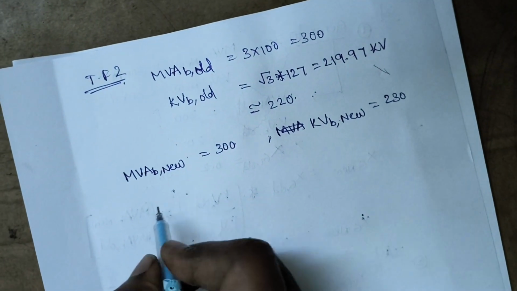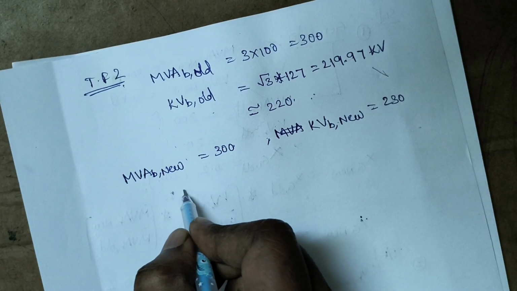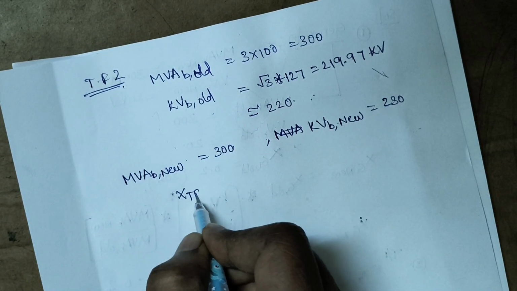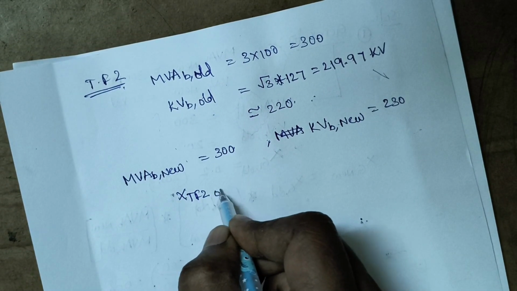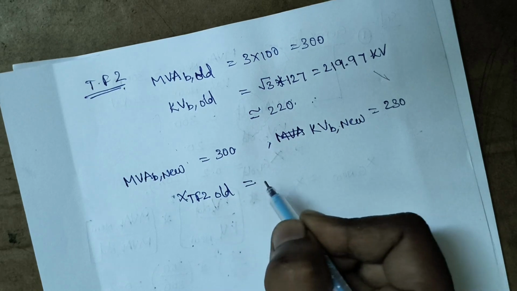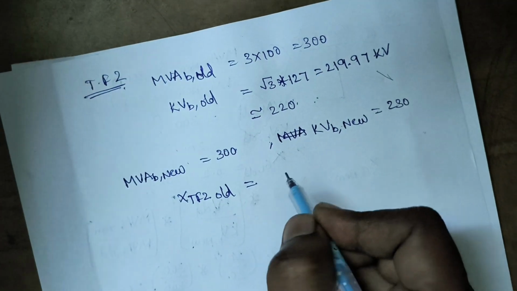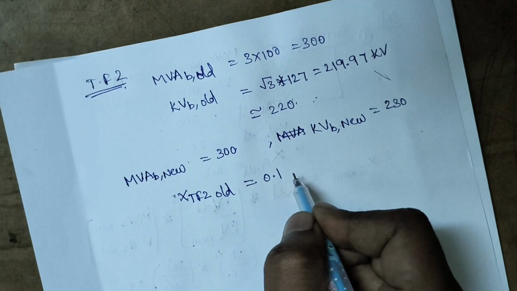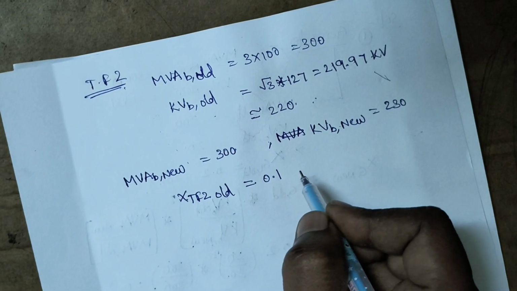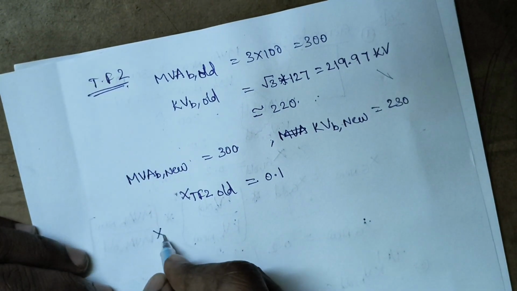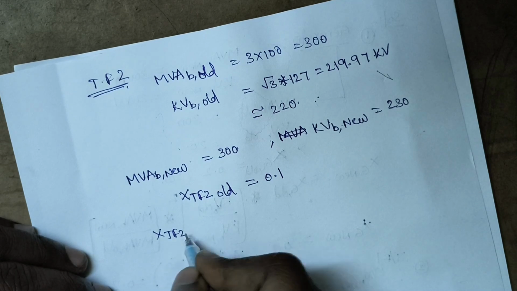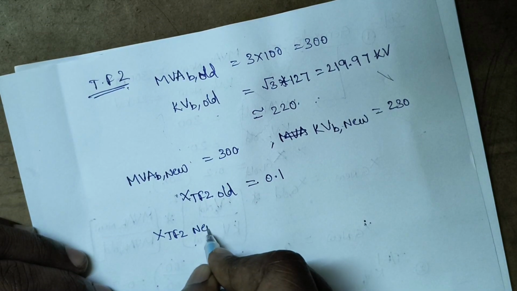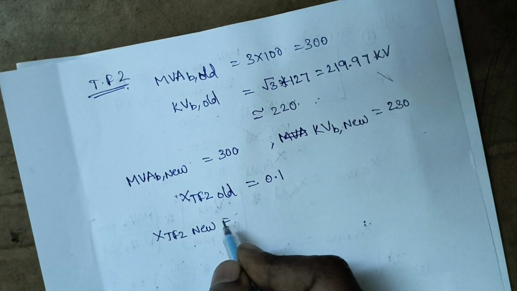Yeah, 230. So hence transformer 2, XTF2 old is equal to, what has he given? He said that it is 10%. Therefore, it is 0.1 only. So hence X transformer 2 new is equal to, what is the formula we know?